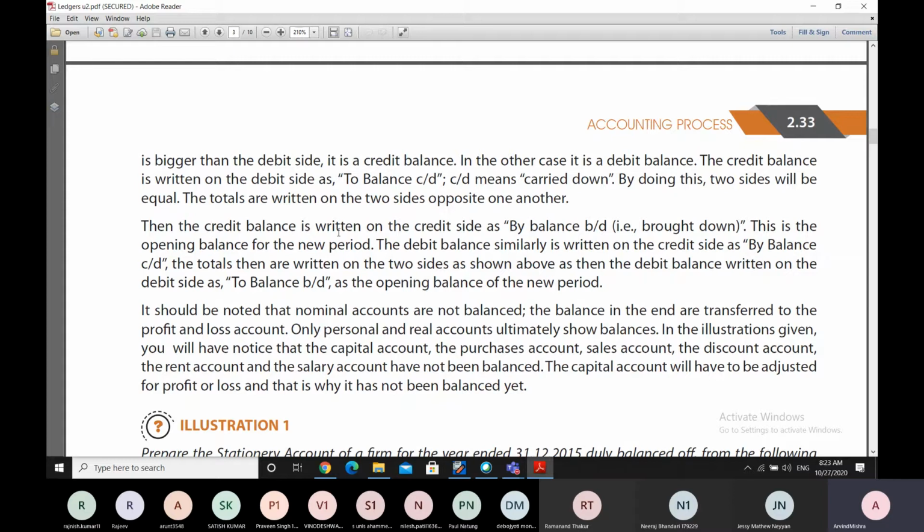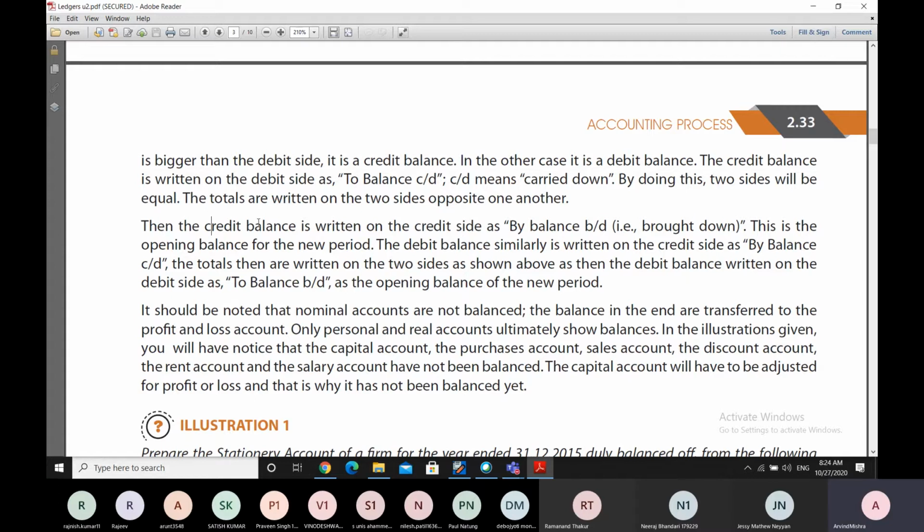What is written here is that when we take the balance carried down to the next year or to the next page, then we write it on the credit side, because we are taking it on the next page. So at that time, we'll be writing it on the credit side. So we can say that the credit balance, which was written on the debit side, is now being taken to the next page or the new period, and it is being brought down on the credit side of the next page.